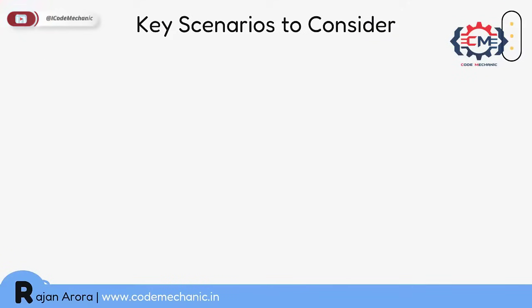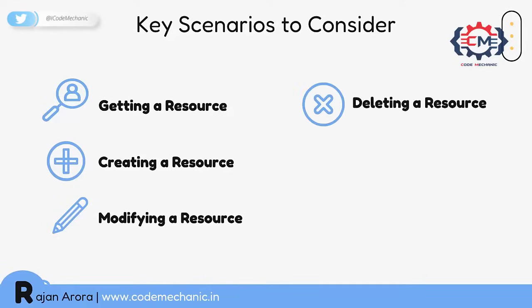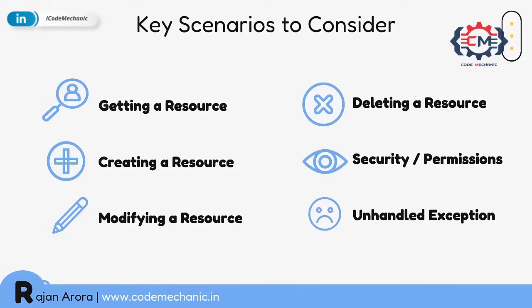The key scenarios you will typically encounter are getting a resource, creating a resource, modifying a resource, and deleting a resource. Together, these 4 represent typical CRUD, or create, read, update and delete, operations. Additionally, you will need to consider security and permission as well as the possibility of unhandled exceptions.